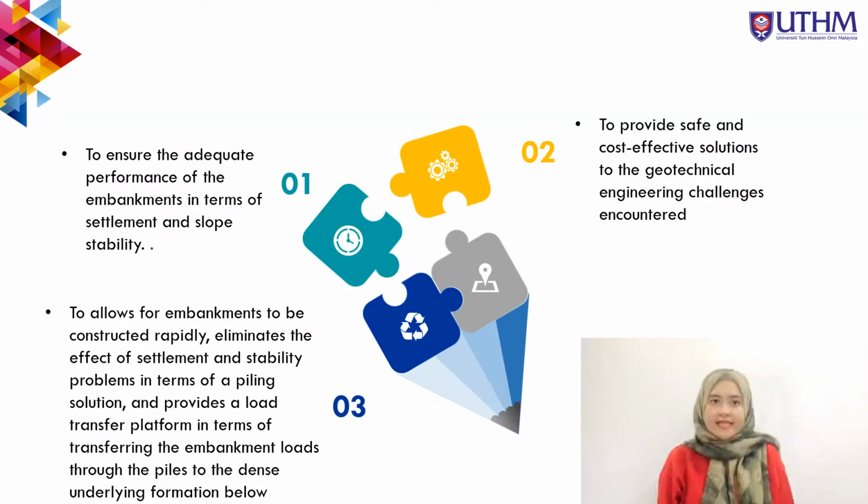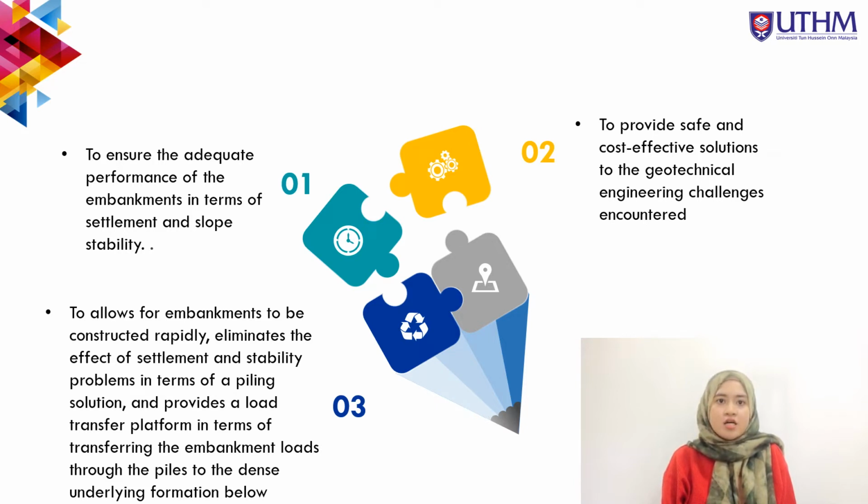For the objective, geogrid reinforced pipe embankment with individual pipe caps were particularly and intensively implemented at various locations along the railway line and bridge transitions. The objectives of the geogrid reinforced pipe embankment with individual pipe caps are: the first one is to ensure the adequate performance of the embankment in terms of settlement and slope stability.